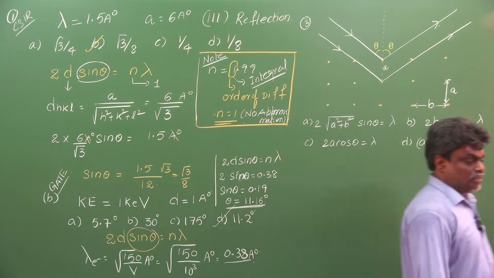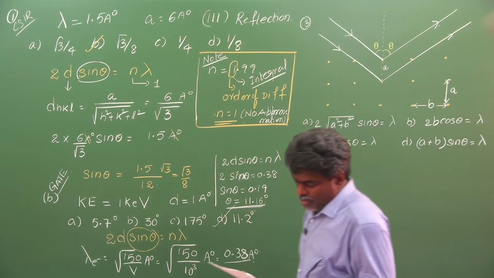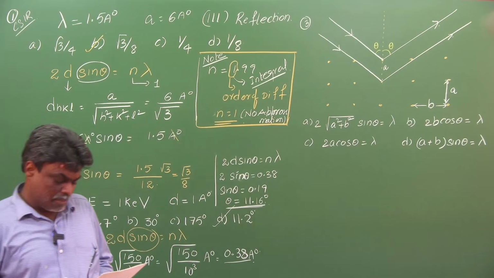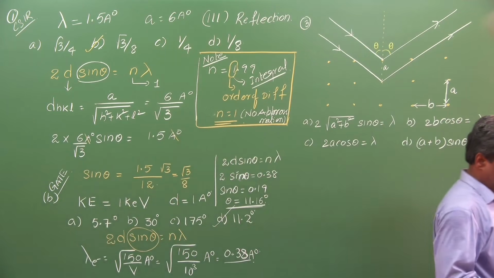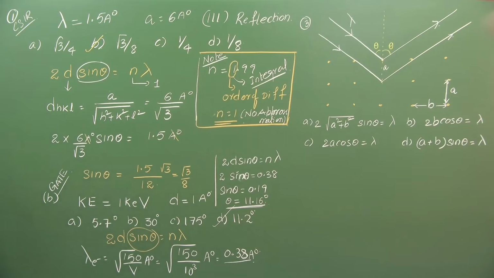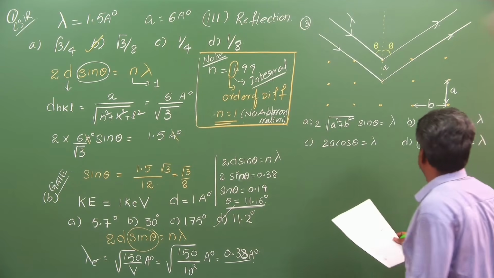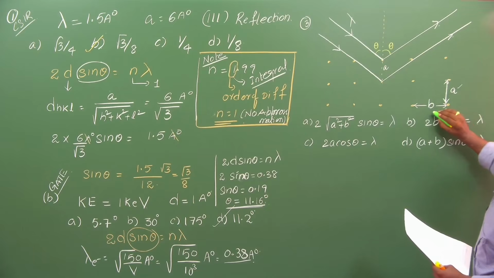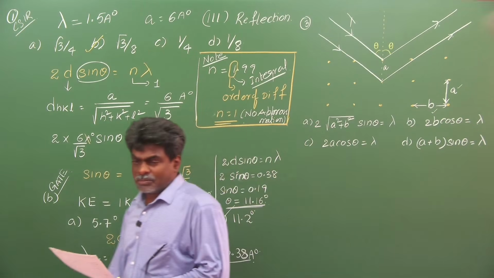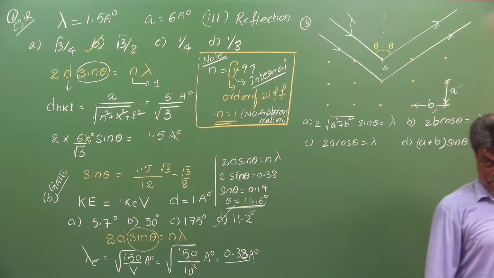Under that diagram, write down. If it is incomplete, you can draw later. A monochromatic beam of X-rays with wavelength lambda is incident at an angle theta on a crystal with lattice spacings A and B, full stop.